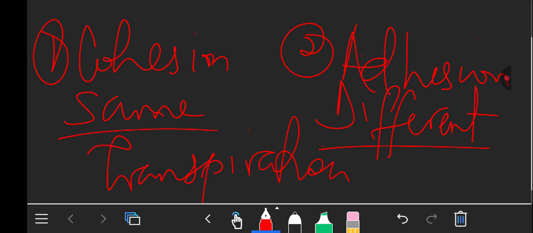What is transpiration? This is just the loss of water by the plant through the stomata of the leaves. So for water to be transpired, there has to be a force, which we are calling the transpiration pull.